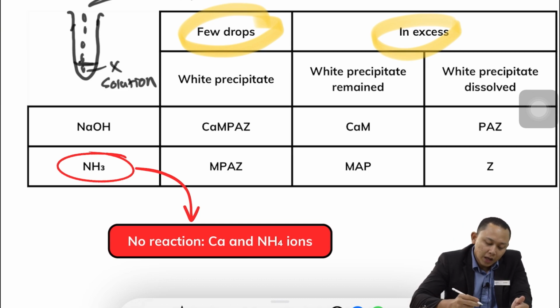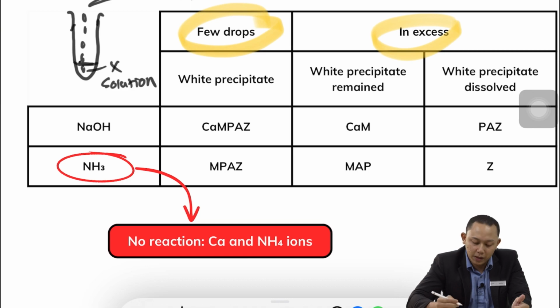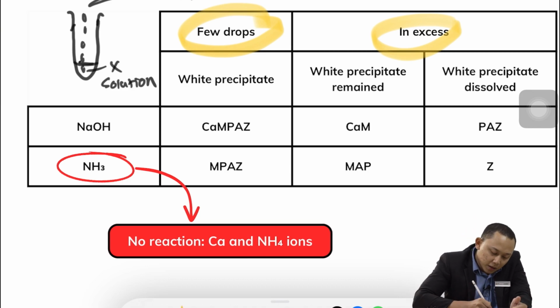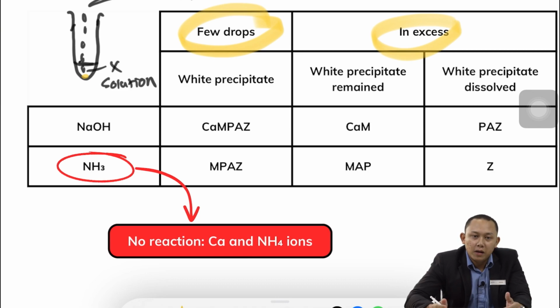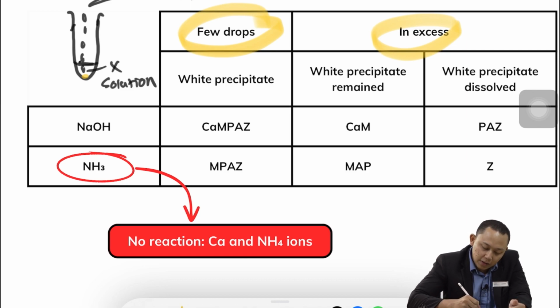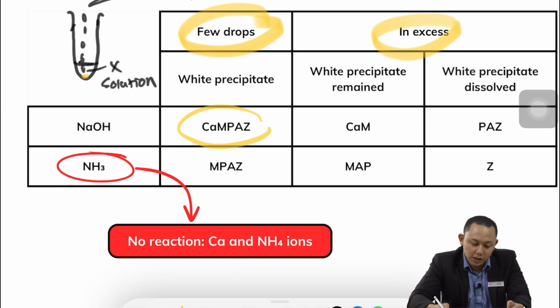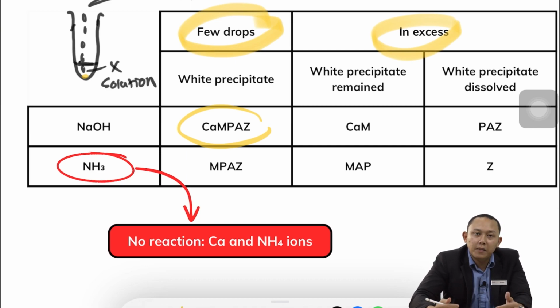If you see a white precipitate, meaning you will have some solid present at the bottom part of your test tube, the cation inside the solution might be one of these five: calcium, magnesium, potassium, aluminium, and also zinc. Then, second step, you need to add NaOH solution in excess.